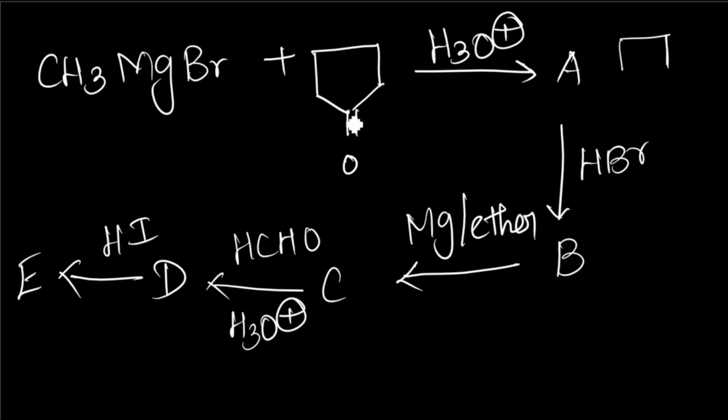Always I'm telling you, if I'm having a double bond O, then this oxygen will have a hydrogen, and whatever R group the Grignard is having, that will get attached to that carbonyl carbon. As simple as that. Okay, so you need not waste your time writing all those arrow marks and mechanism.